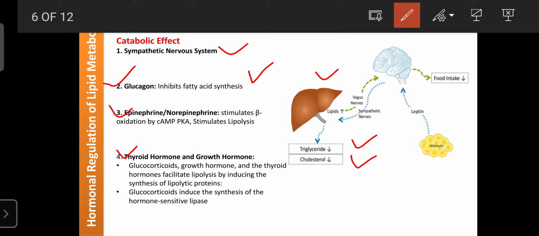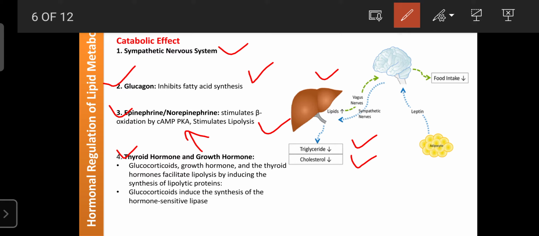Epinephrine and norepinephrine activate the cyclic AMP dependent protein kinase A enzyme. Due to activation of this enzyme, more beta oxidation occurs, and the lipid depot decreases. Epinephrine and norepinephrine can also stimulate lipolysis, the breakdown of fatty acids in the liver.